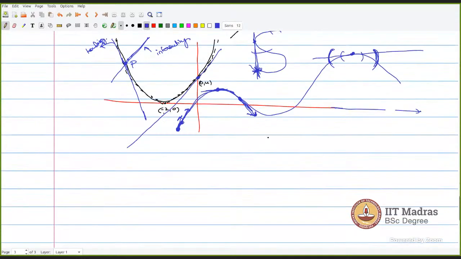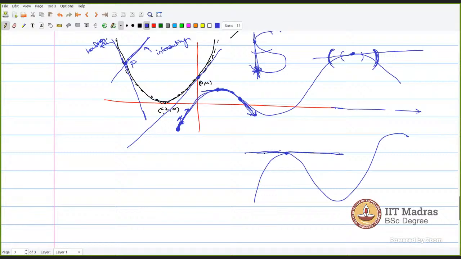There are tangent lines where the slope of the tangent line will be 0. Those points are called the turning points, which we have seen in week 5, I guess. If there is a curve like this, and this point is a turning point, then the slope of the tangent at that particular point is 0.